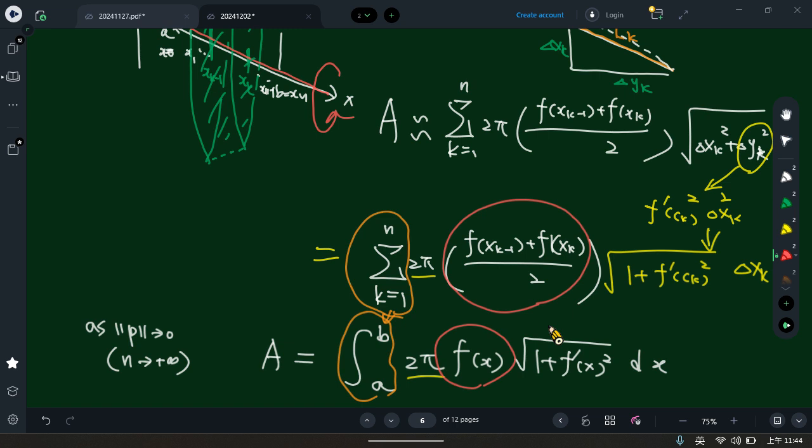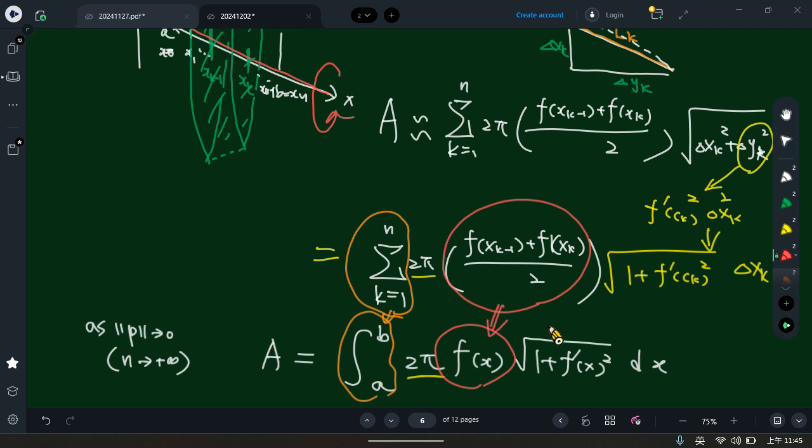So at that time, f of s_{k-1} will be equal to f of s_k. So this one is f of x, we have another f of x, 2 f of x divided by 2, so that you can get 1 f of x. So here we can get this one.